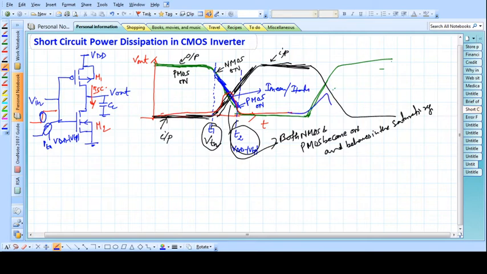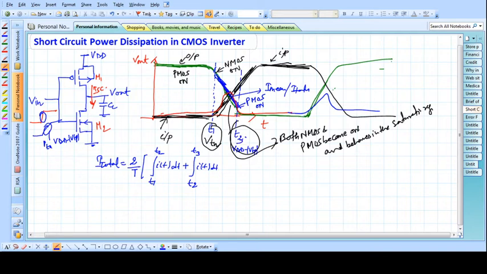For a period of time the current expression, that is our I total, will be, I am writing, 2 by tau, T1 to T2 I(t) dt plus T2 to T3 I(t) dt. For the time being I am just saying T3.